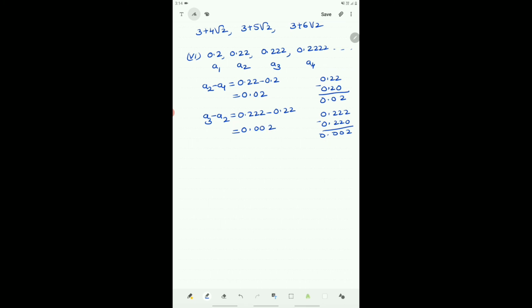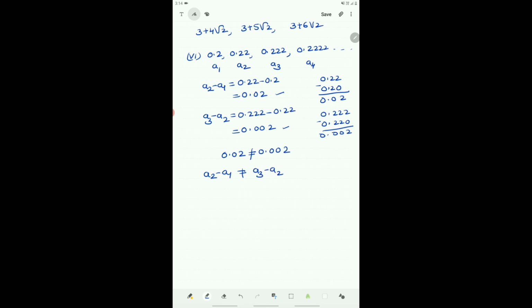Here it is 0.02, here it is 0.002. Are they same? Never. 0.02 is not equals to 0.002. It means A2 minus A1 is not equals to A3 minus A2.